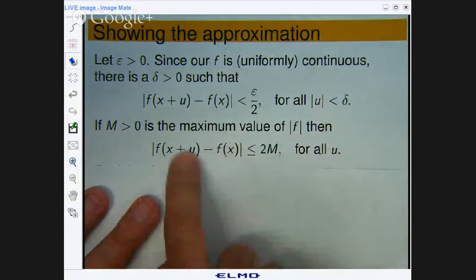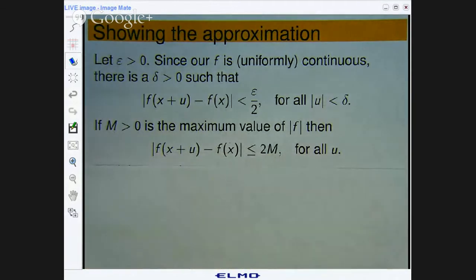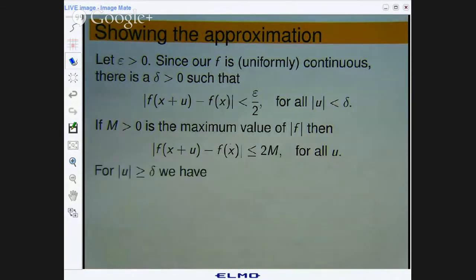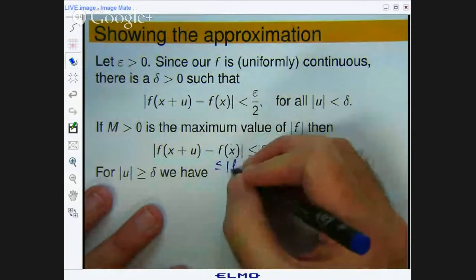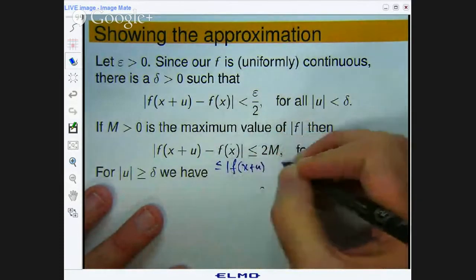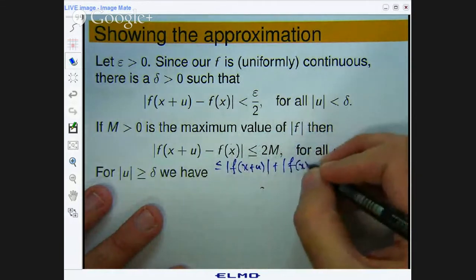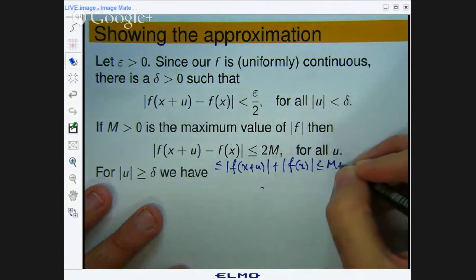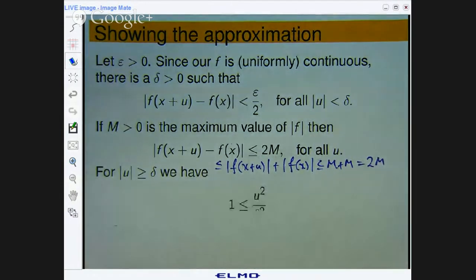Then the absolute value of this difference has to be less than or equal to 2M, and that's not too tricky to understand. This thing is just less than or equal to f of x plus u plus f of x, sort of like a triangle inequality.